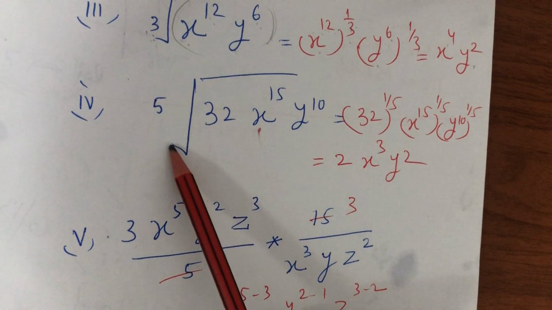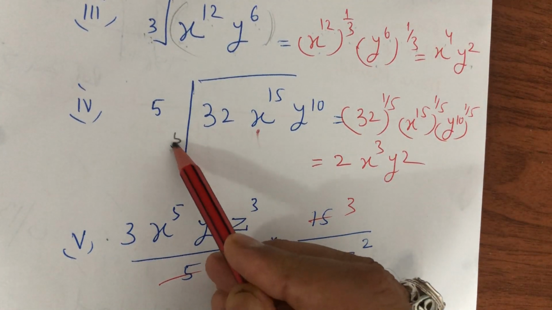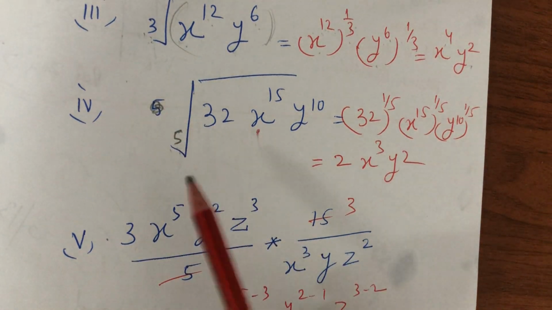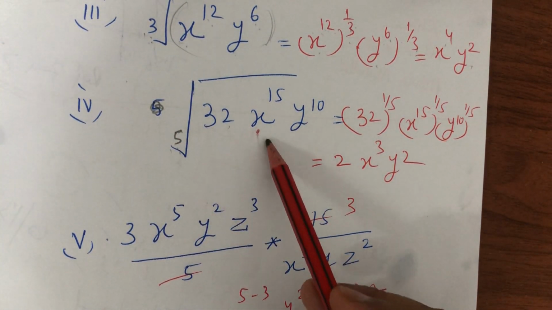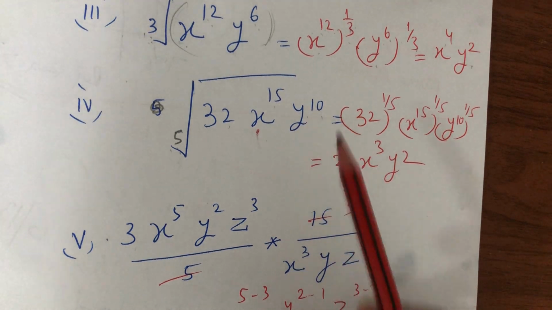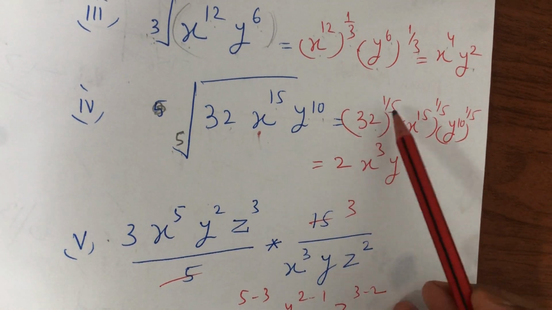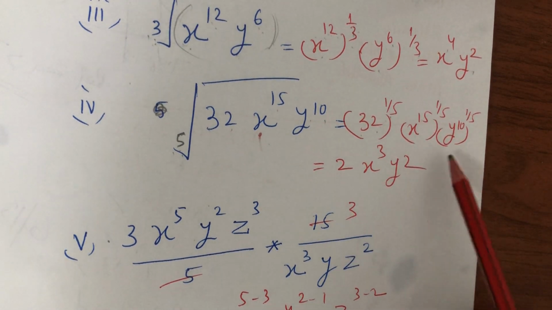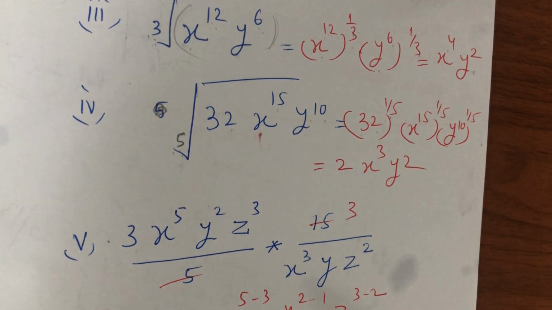Here is the fifth root. Actually, this 5 should be here, not here. This is the fifth root of 32, x power 15, y power 10. 32 power 1 by 5, x power 15 power 1 by 5, y power 10 power 1 by 5.